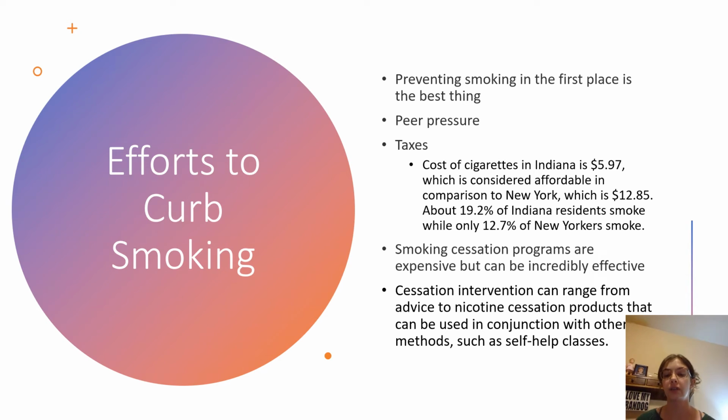So if you look at those numbers, you can see that there's a marked increase from Indiana smoking or cigarette costs to New York. New York is actually the highest cigarette price in the country, while Indiana is right about average with that. So because of that, because it's more affordable, more Hoosiers smoke compared to New Yorkers. So about 19.2% of Indiana residents smoke, while only 12% of New Yorkers smoke because of the cost of cigarettes.